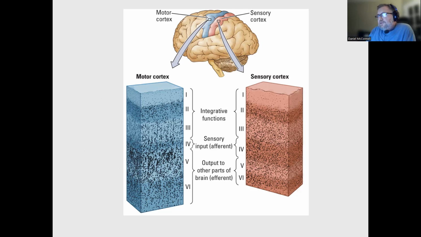What we're looking at here is a cross-sectional view of these 6 layers of the neocortex, right? And we see they're a little bit different, right? So when we look at the motor cortex, that strip of blue highlighted at the top there, that's part of the frontal lobe of the brain. And we see that there are 6 distinct layers when we do this kind of staining of a cross-sectional view of neurons, right?